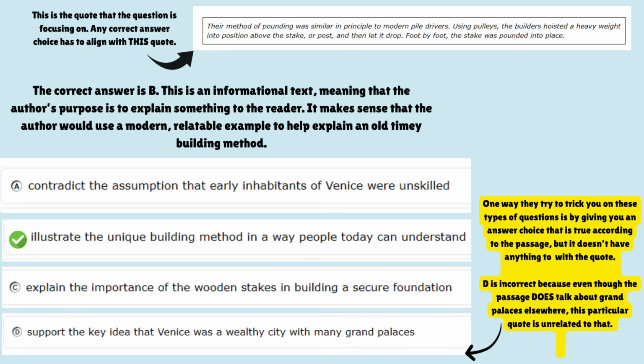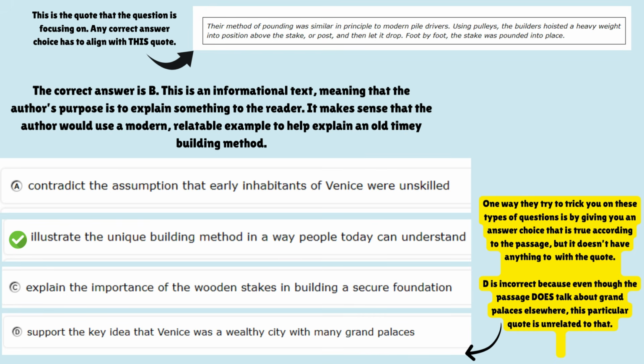It does say that in the passage, but it's not connected to the quote that they gave us. And the question was, why did the author include this quote? So you want to eliminate answer choices that have nothing to do with what they're asking, nothing to do with that quote in the box. Okay, so the correct answer here is B.